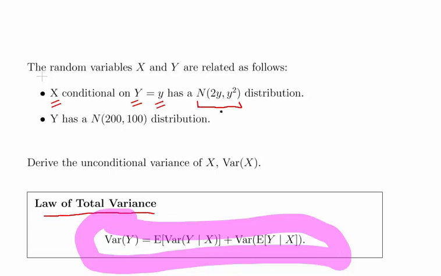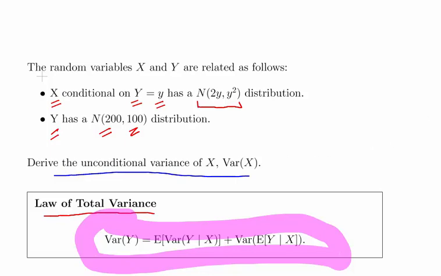So the parameters of X are conditional on the values of Y. But we do know the distribution of Y: Y is a normal distribution with mean 200 and variance 100. The question is to derive the unconditional variance of X, Var(X).